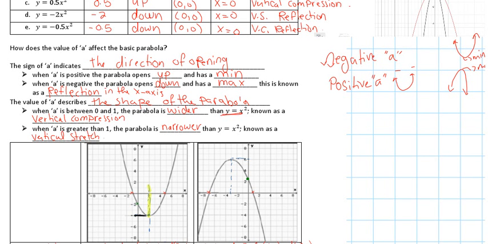So, by looking at the equation, if I give you y equals negative 7x squared, for example, you should be able to tell me that the parabola has a reflection in the x-axis and it's vertically stretched. Right?